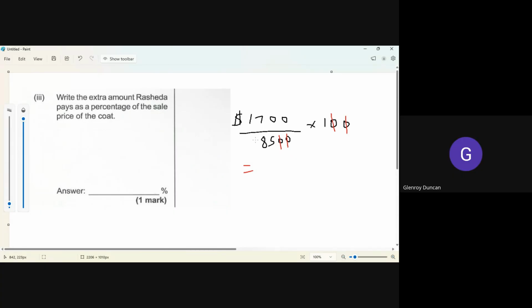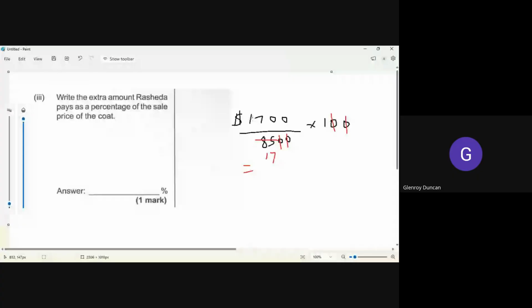So we have 5 to divide 85 and 1700. 5 into 85 is 17. 5 into 1700 is 340.